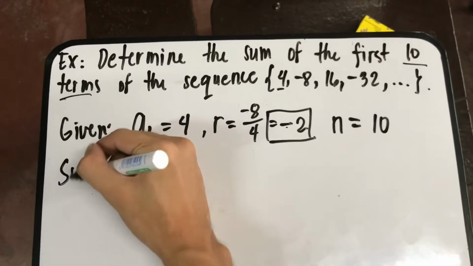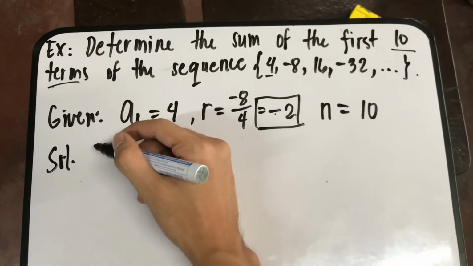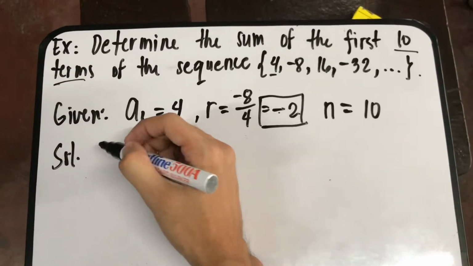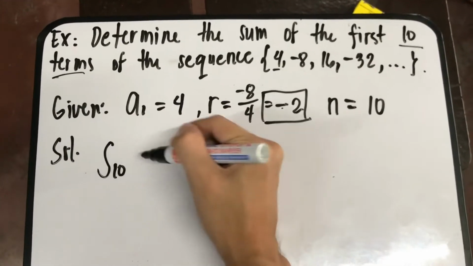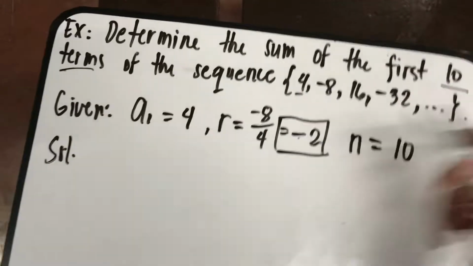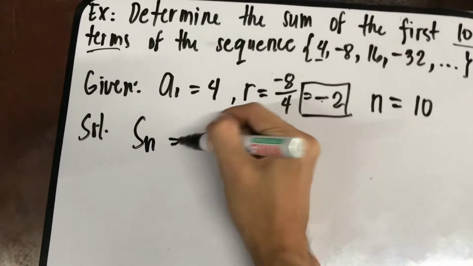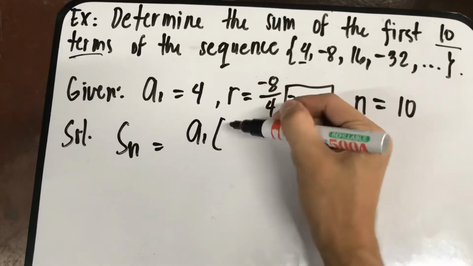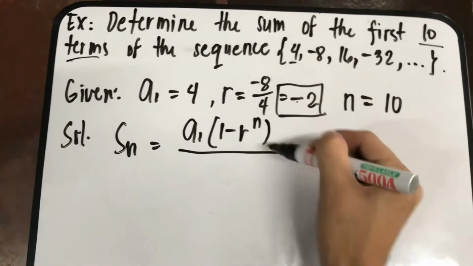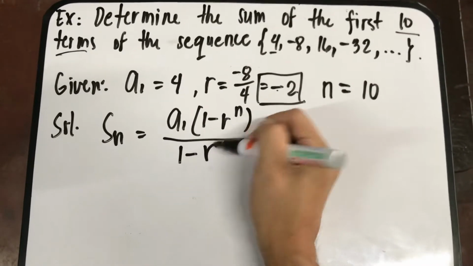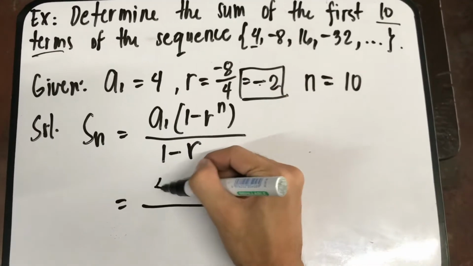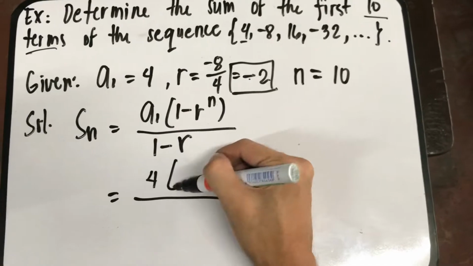So our solution here is we're just going to substitute all the given to our formula. So S sub 10, or pakita natin yung formula. S sub n is equal to a sub 1 times 1 minus r raised to n over 1 minus r. So what is our first term? That is 4. Sa-substitute lang natin lahat ng given natin.